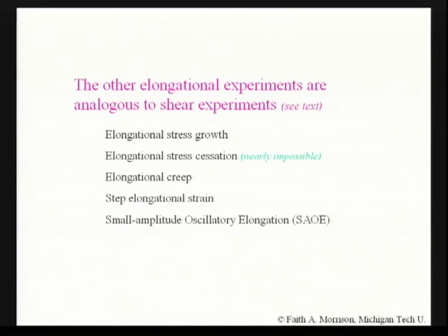When you put a sample between parallel plates and just compress them a little bit along a sinusoid, that's small amplitude oscillatory elongation. And in fact, because it's in this linear strain limit, it actually gives the same thing as small amplitude oscillatory shear. It doesn't matter that it's elongation. Everything is just 3 times. Okay, that's because of some of the definitions, but they are very easily interrelated. And the details of that are in the book where those material functions are defined.